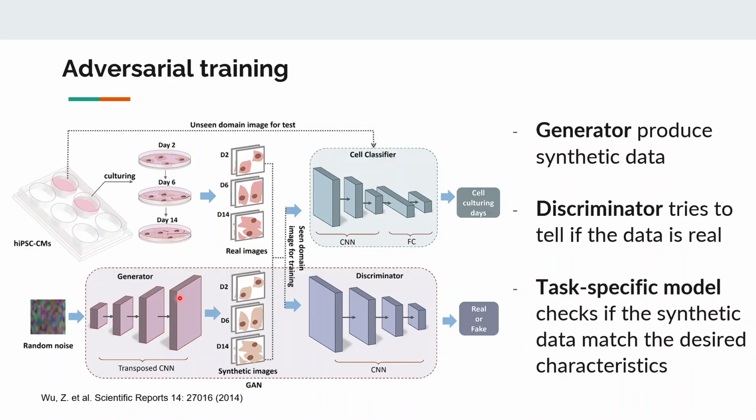The generator is trying to get better to create data that looks real, and the discriminator is going to get better and better at saying that these are fake. Right? So at the end, what people found is that at the end of this kind of adversarial training, we can get a generator that's very good because it's going to produce images that are very difficult to distinguish between real data and generated data.